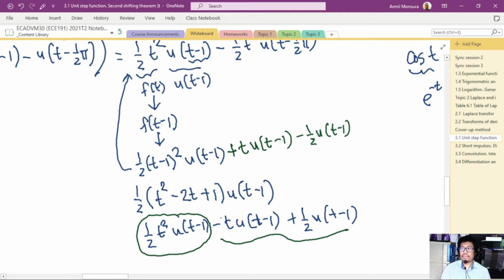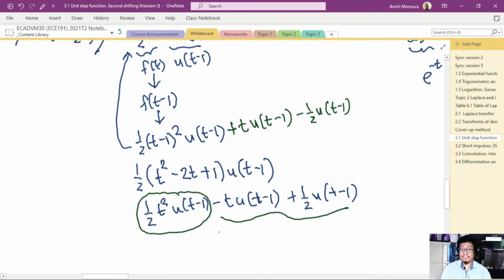Now, the effect of adding this term is essentially adding these terms here. So you simply add t, u of t minus 1 here, minus 1 half u of t minus 1 there.